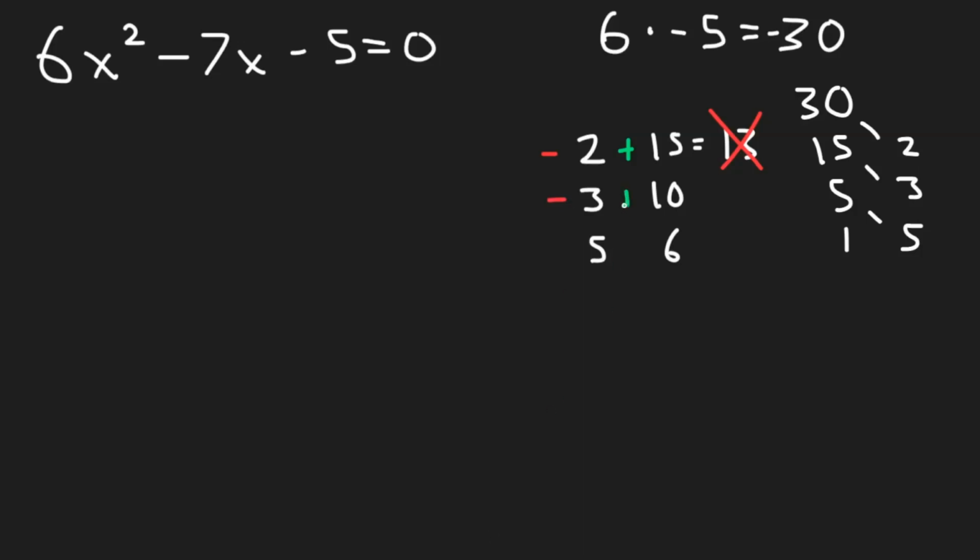Negative 3 plus 10 equals 7. This is the positive version of what we are looking for, so we can just flip the signs to get the correct pair.